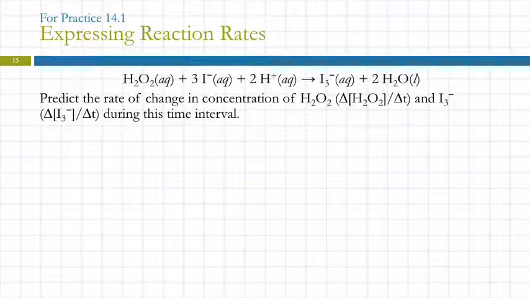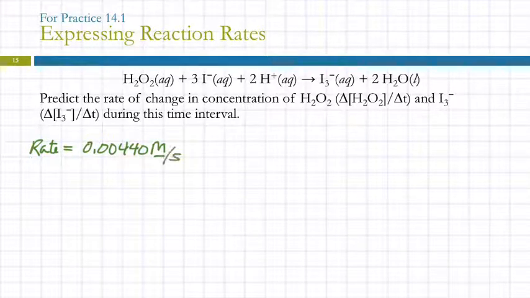So it's still true that during that time period, the rate is 0.00440 molarity per second. What's that going to equal in terms of the hydrogen peroxide, H2O2? Just negative delta H2O2 over delta T.